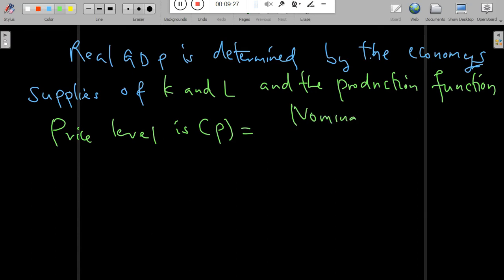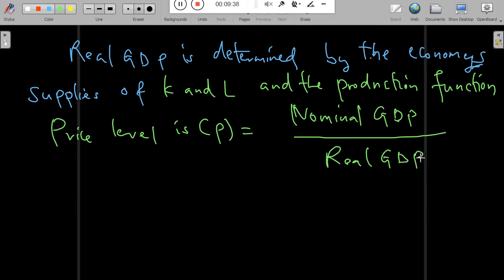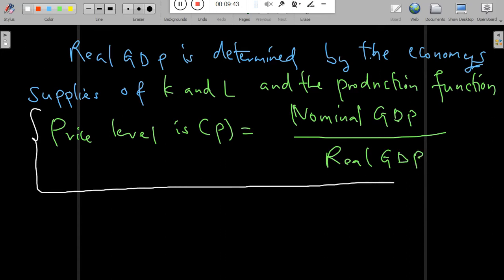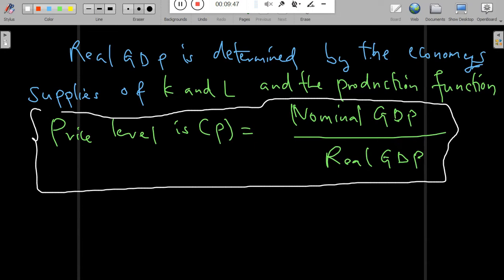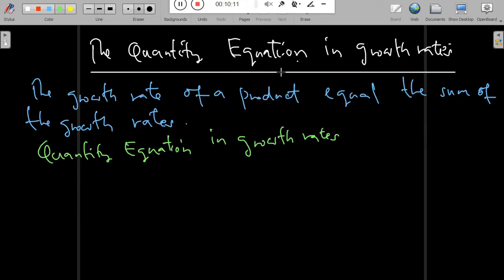So the price level is given by taking the nominal GDP over the real GDP, where nominal GDP is given by price times Y. Nominal GDP is a type of GDP that is not adjusted for inflation, and the real GDP is the GDP that is adjusted for the effects of changing prices.